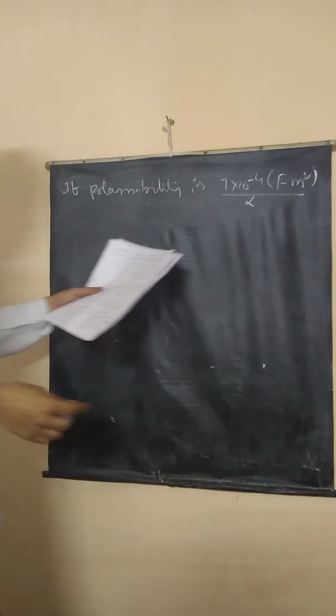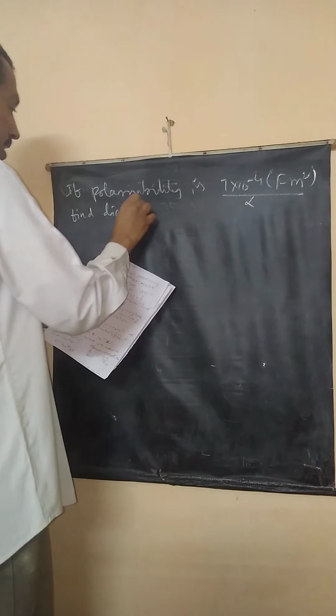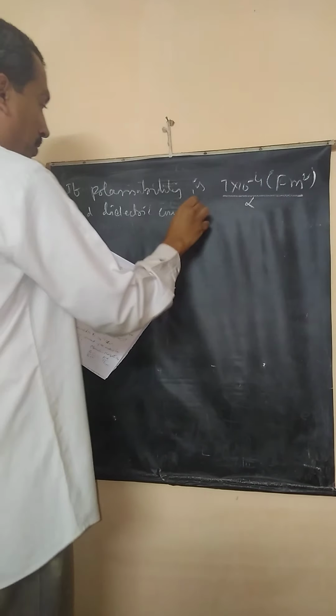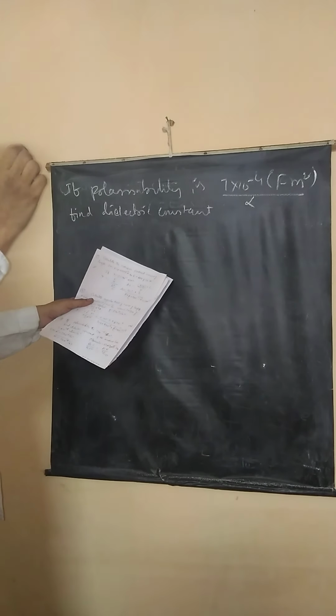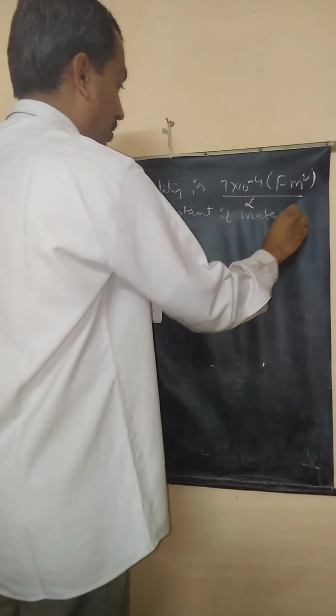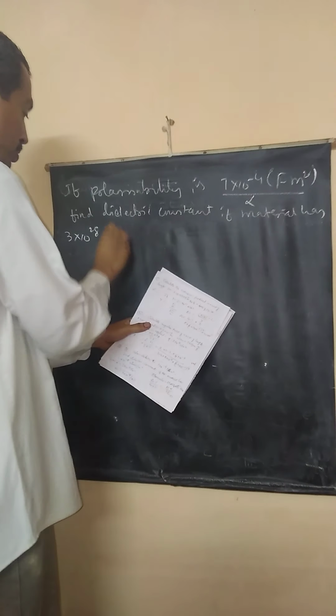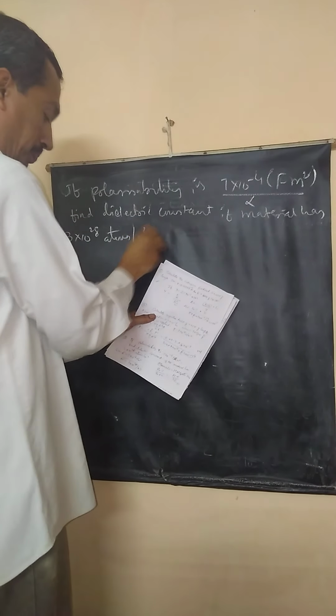Find the dielectric constant if the material has 3 into 10 power 28 atoms per meter cube.